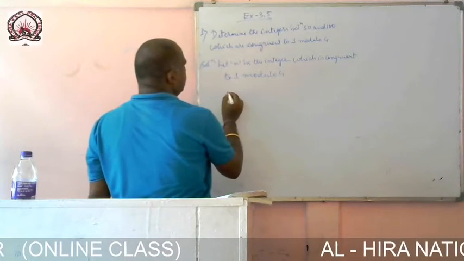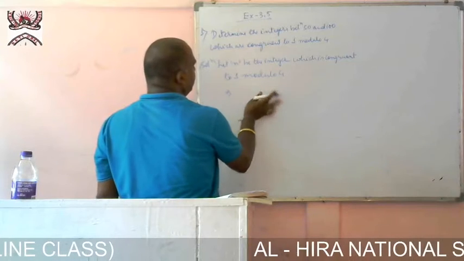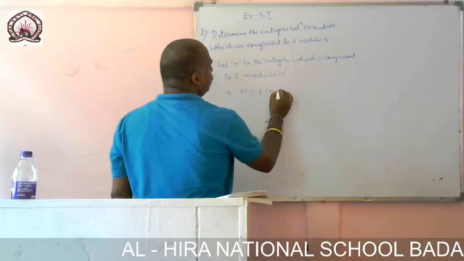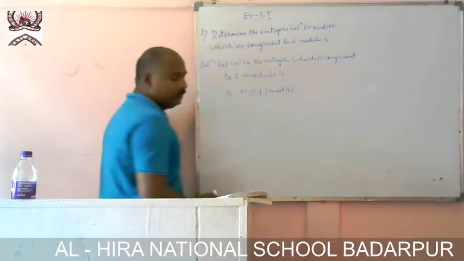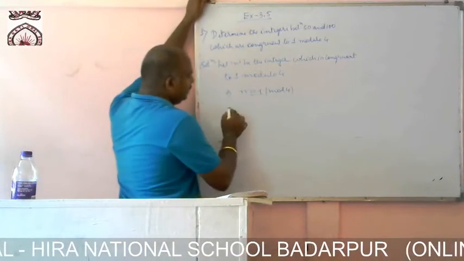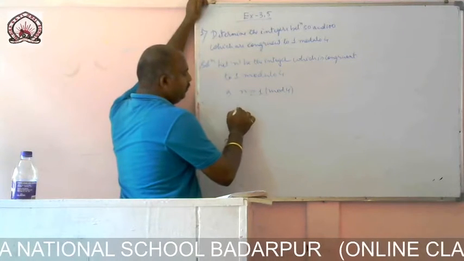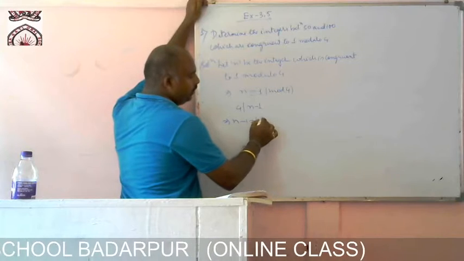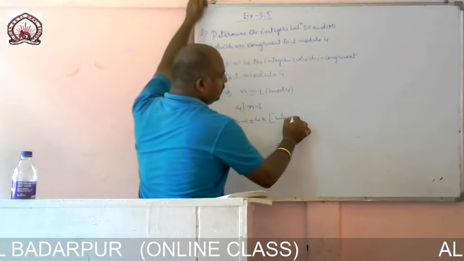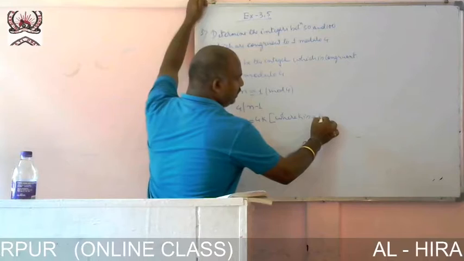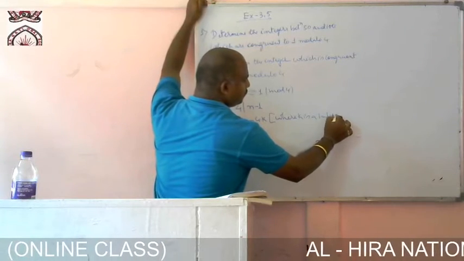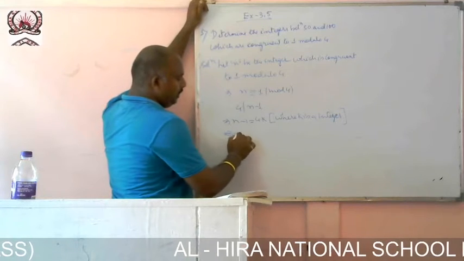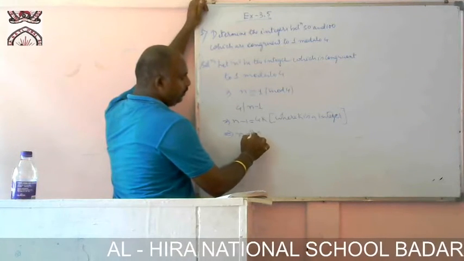So it implies n is congruent to 1 mod 4. Now what you can write? This is nothing but 4 divides n minus 1, which implies n minus 1 equals 4 into k, where k is an integer. It implies n equals 4k plus 1.